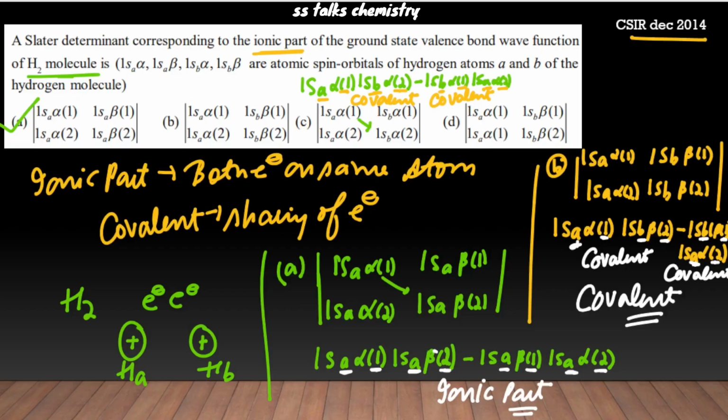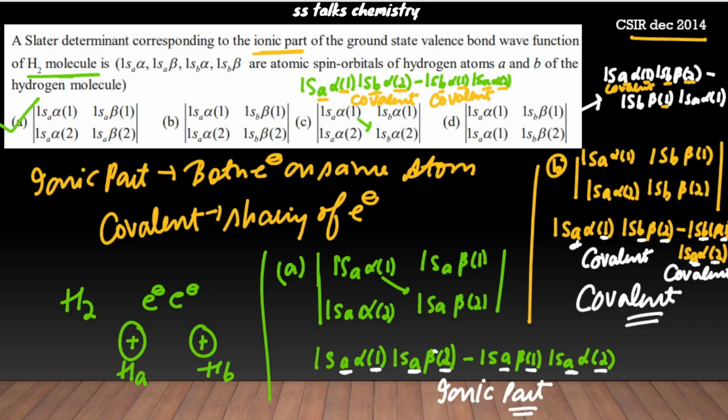Similarly, the option D also we can check. So D, it will become 1sA alpha 1 into the 1sB beta 2 minus of the 1sB beta 1 into the 1sA alpha 1. So here again if I see, the first electron is on the atom A, the second is on the atom B. So that means this is representing the covalent, right?